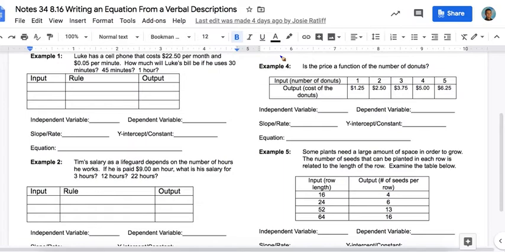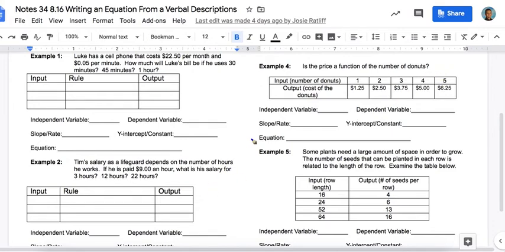Is it going to make this line? But we wouldn't connect the line because we can't have half a donut here. But it's going to follow a proportional relationship here. So that's what it's talking about. So if it does, then we are going to write yes here.